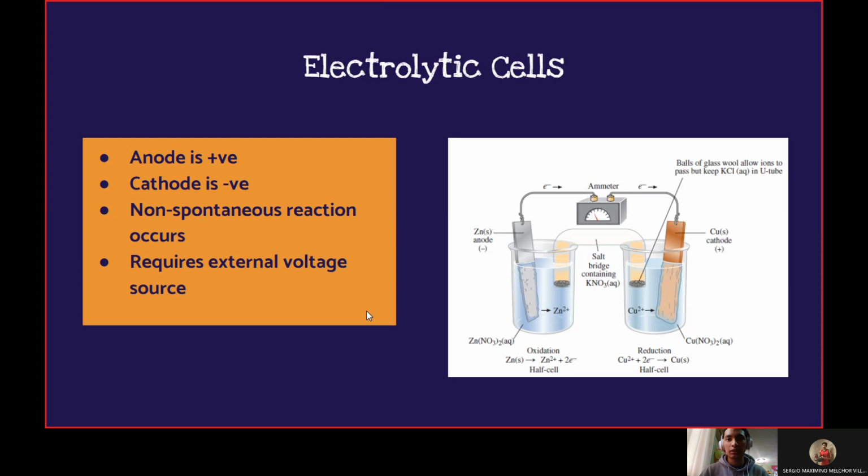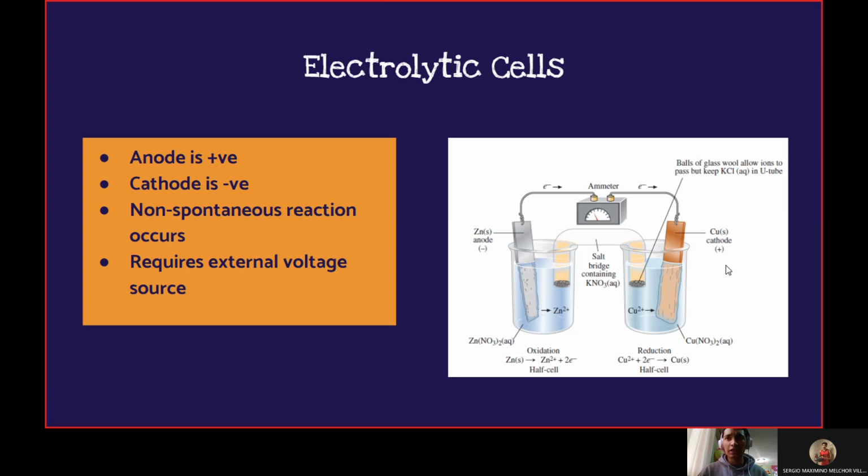First of all, in electrolytic cells the anode is positive and the cathode is negative. A non-spontaneous reaction occurs, and it also requires external voltage, as I said.